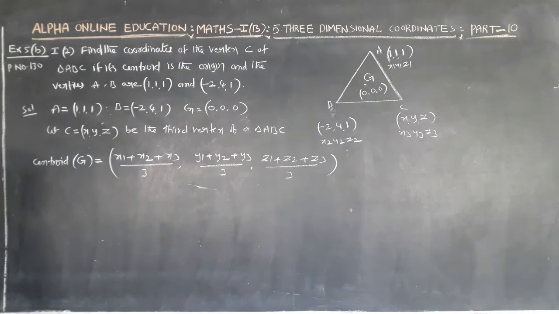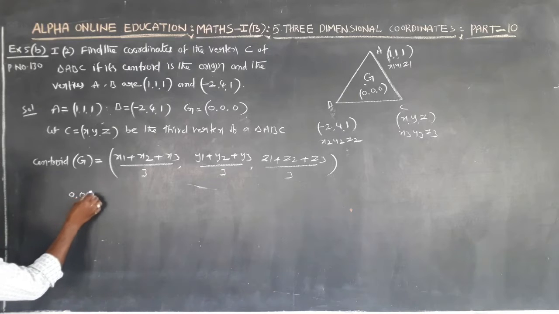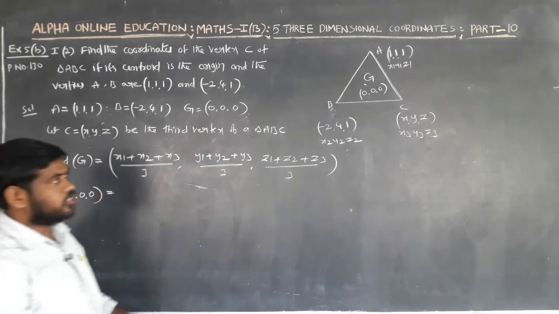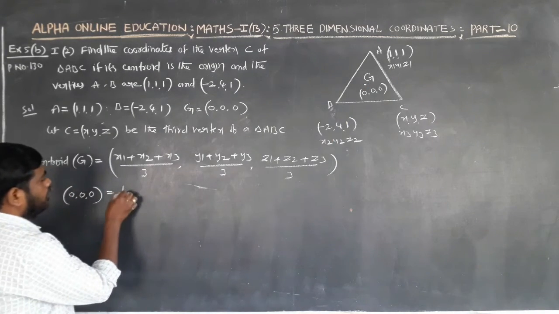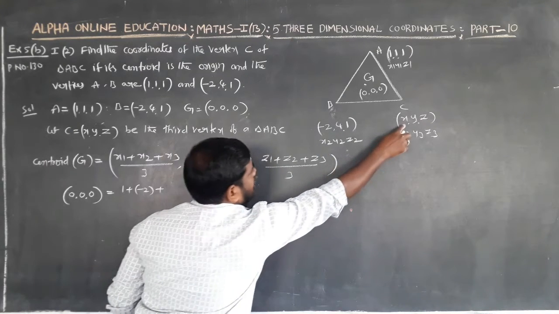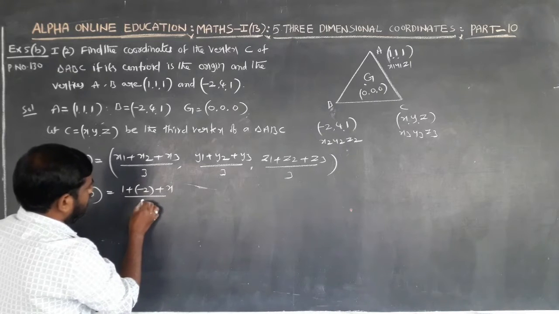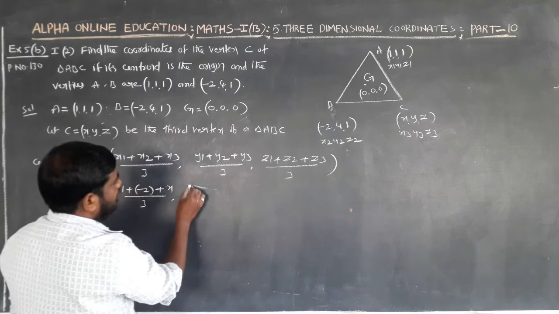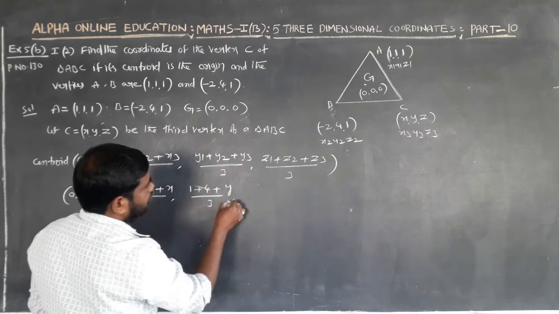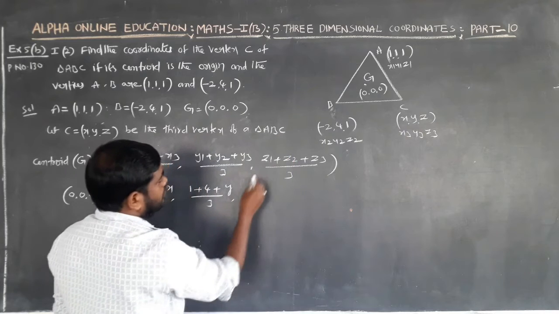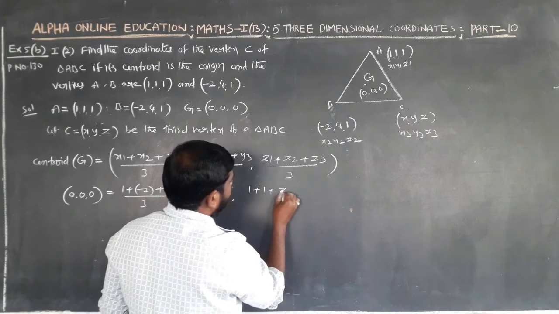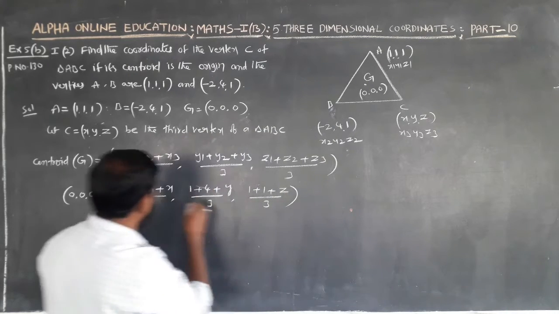Centroid G is equal to 0 comma 0 comma 0. So x1 is 1, x2 is minus 2, x3 is x, divided by 3; y1 is 1, y2 is 4, y3 is y, by 3; z1 is 1, z2 is 1, z3 is z, by 3.